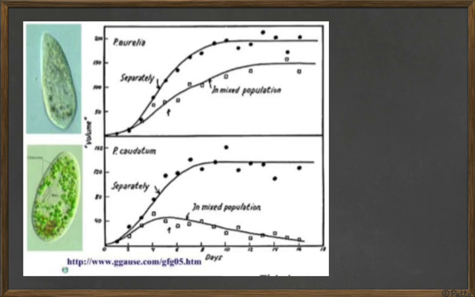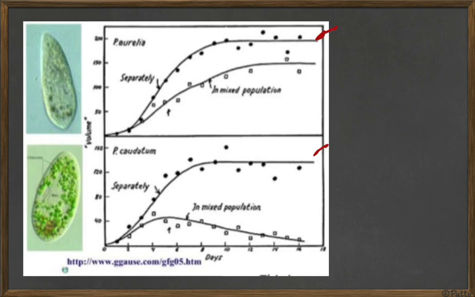On the top, we have two Paramecium populations when they are living separately. So this line here on the top is Paramecium aurelia living alone. Oh, look, they can grow and they get stable at a very high population. And this is Paramecium caudatum living alone. They grow and they get very stable. Yay, very good.